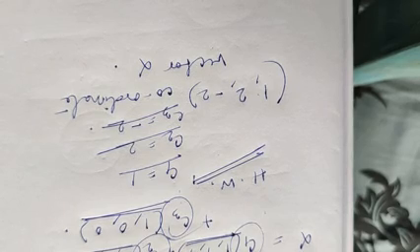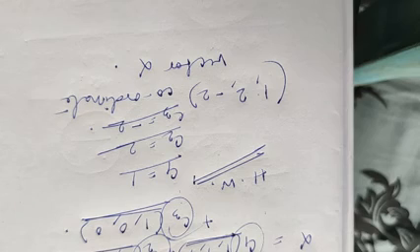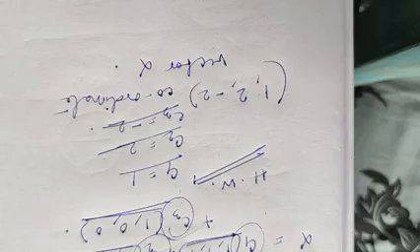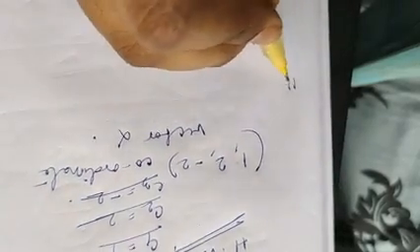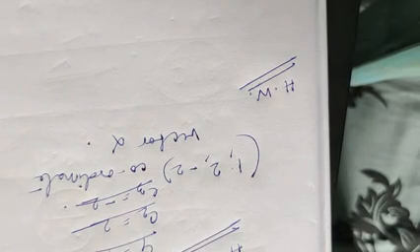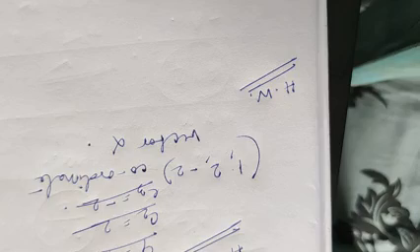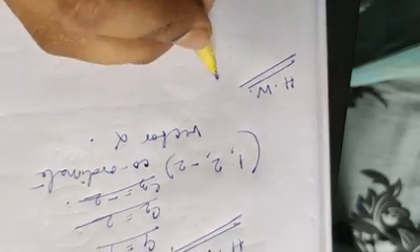So these are a few examples of this basis and dimension chapter. And I'm giving you another homework, just think about it. In the next lecture we will discuss it.